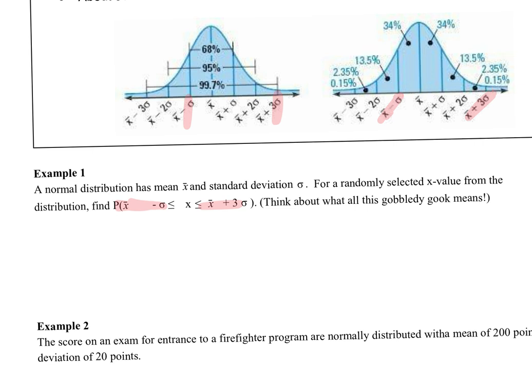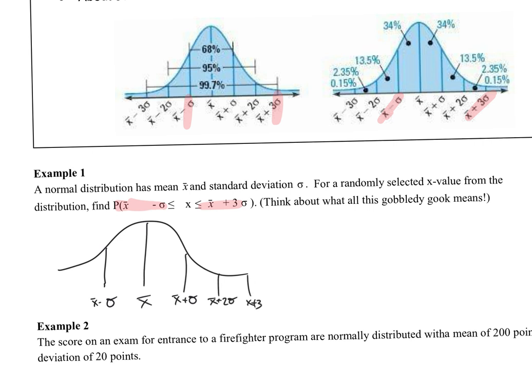So if I was to map this out for you all, here's my mean. And then here's the mean minus 1 standard deviation. And here's the mean plus 1 standard deviation. The mean plus 2 standard deviations. And then plus 3 standard deviations. And again, I'm just trying to find when does it fall into this range. Well, they tell me all the percentages.